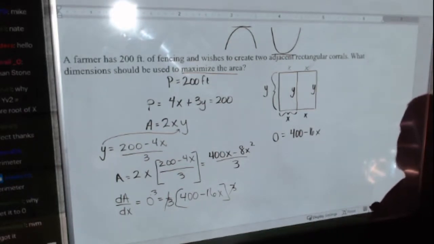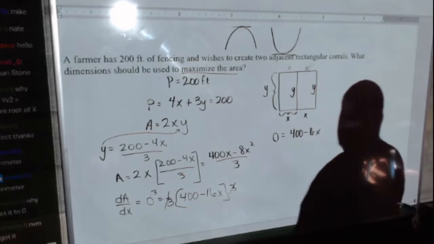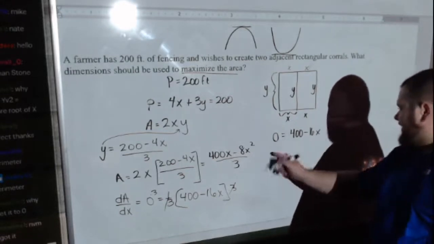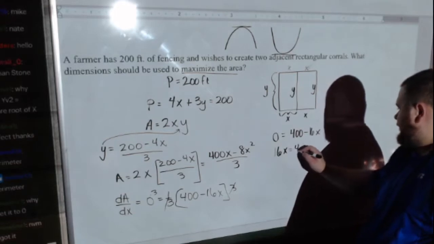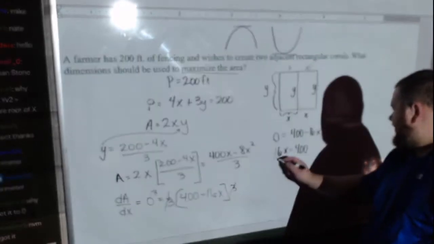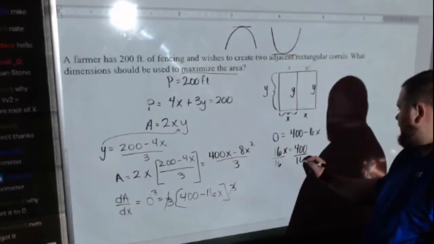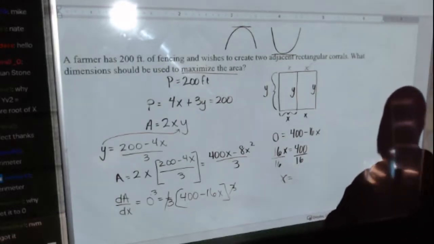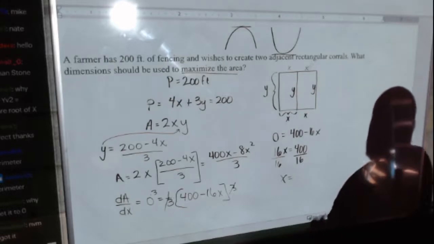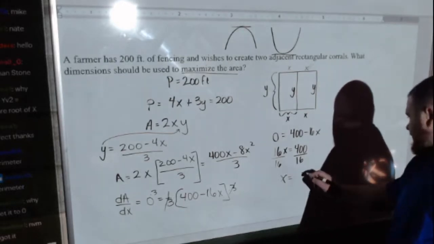All right, that was a good question. So I'm going to move the 16x over. 400 over 16. And what does that make x? That's going to be 25.